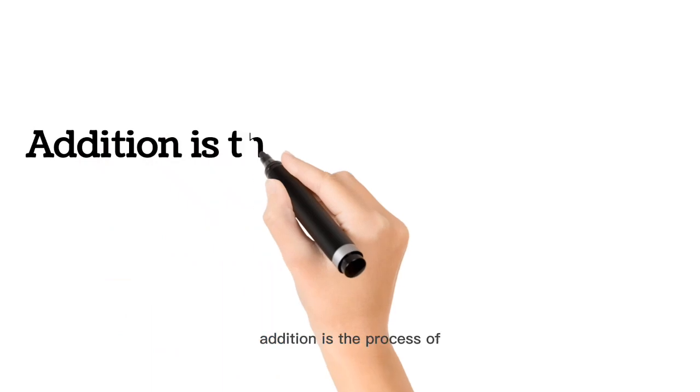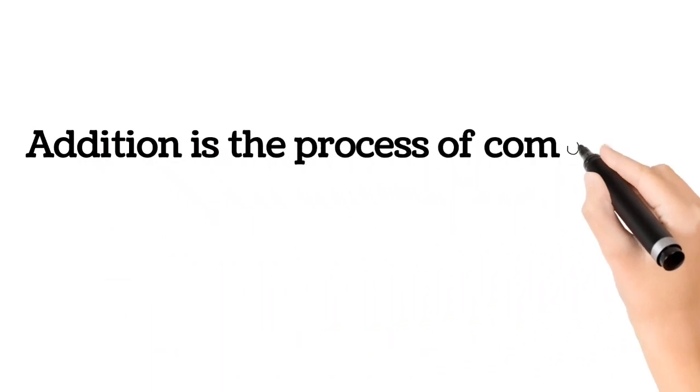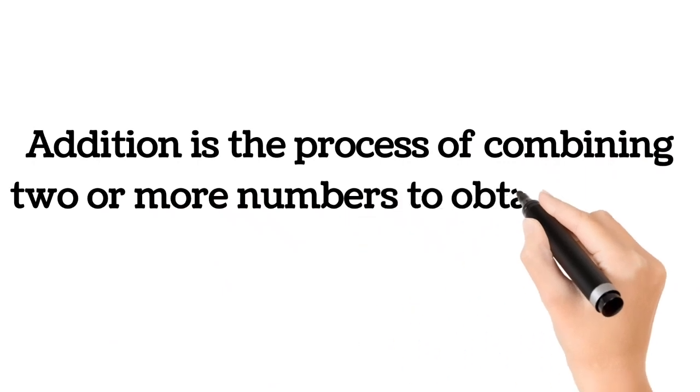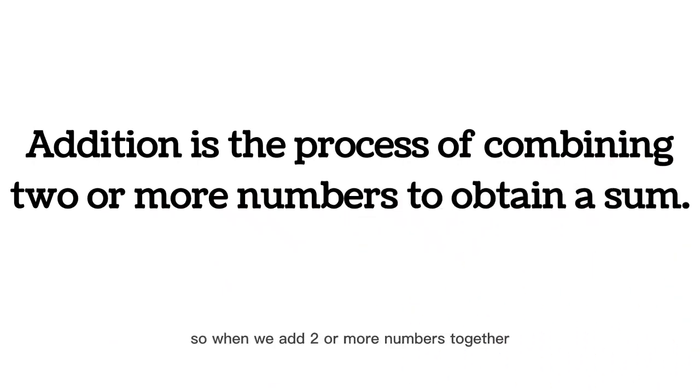Addition is the process of combining two or more numbers to obtain a sum. So when we add two or more numbers together, the process is called addition, and sum is the result of an addition process.